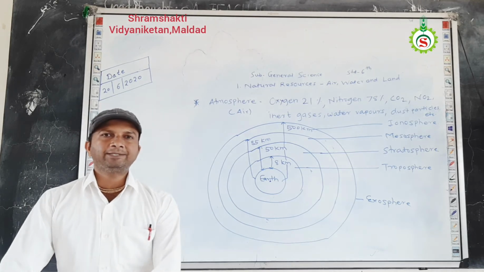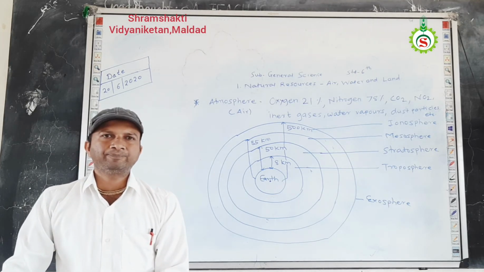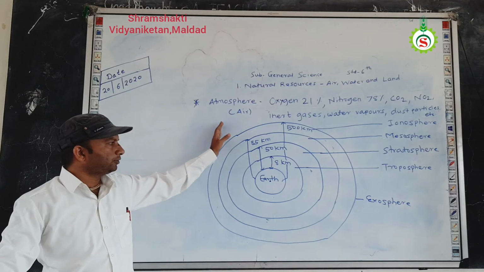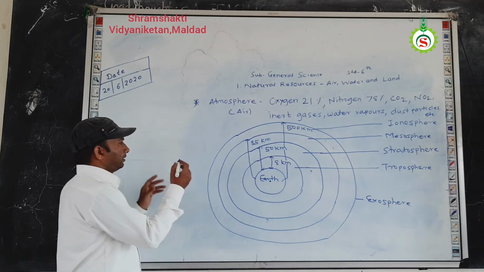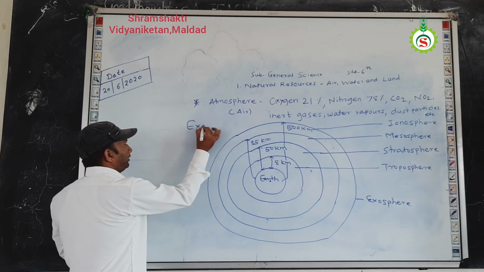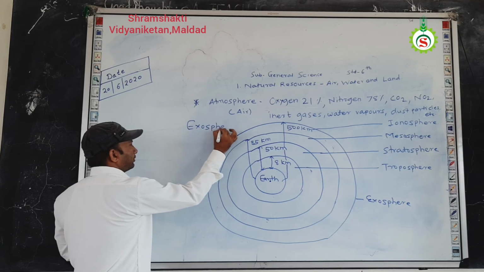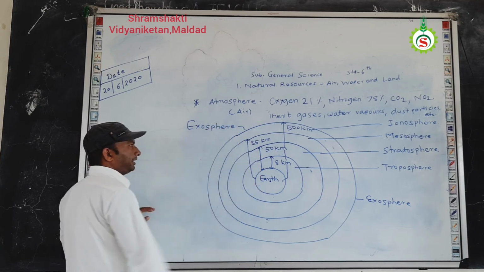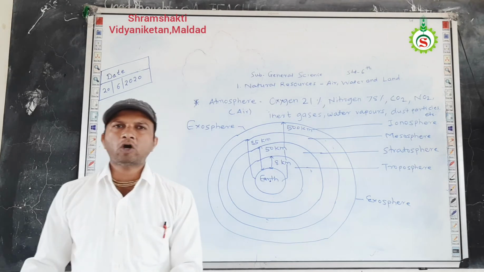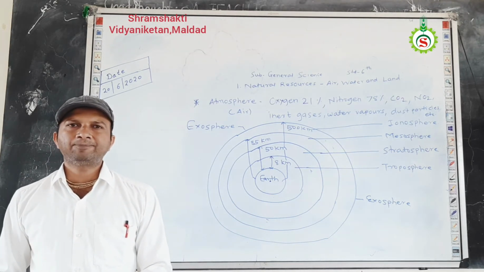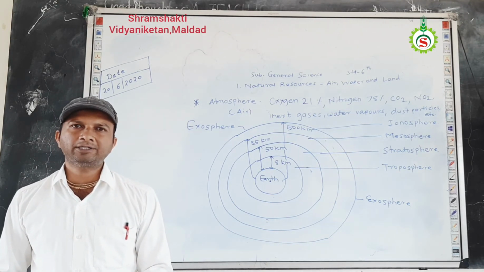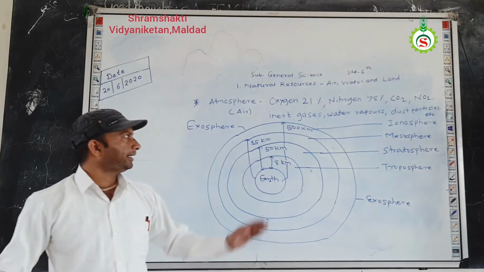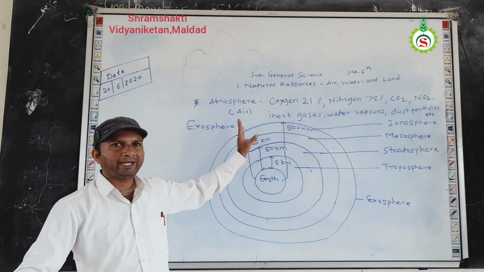So by this information, what did you conclude? In the exosphere, the last portion of the atmosphere, there is no gas, and you know that for all living organisms oxygen is important for respiration and survival.